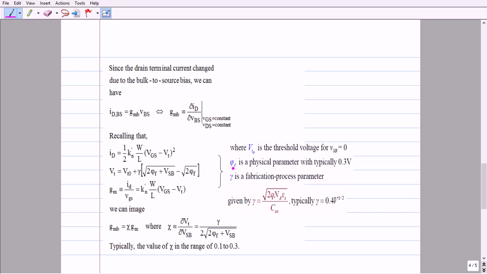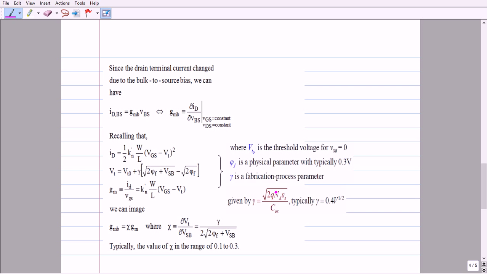Phi f is a physical parameter with a typical value of 0.3 volt, and gamma is a fabrication process parameter whose equation is gamma equals root of 2q Na epsilon s divided by Cox, where q is the electron charge whose value is 1.6 times 10 to the power of minus 19 coulomb.